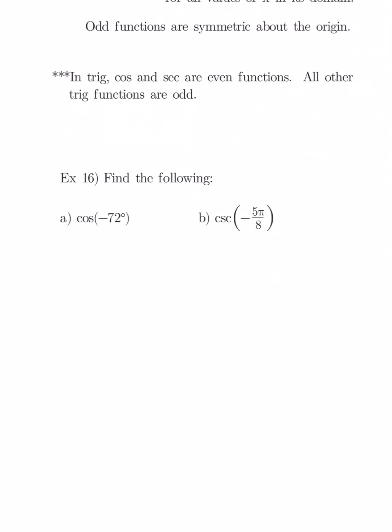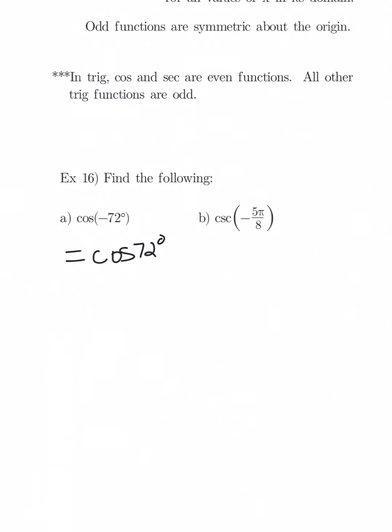If a function is even and you have a negative sign on the angle measure, what that means is that it's the same as the positive angle measure. So we would just say that this equals the same thing as the cosine of positive 72 degrees.